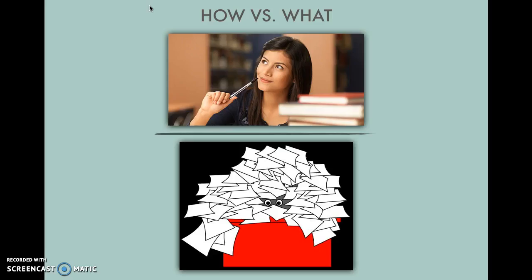So as I mentioned before, it's more important for the teacher to educate students on how to learn rather than what they're learning. Although the information that they are learning is still important, it becomes more valuable for the student to know how to find certain information that they need.